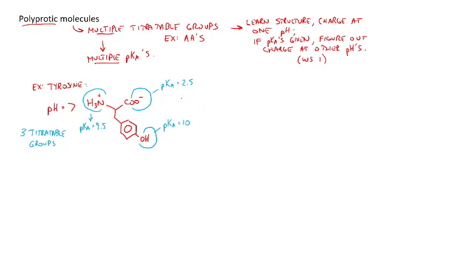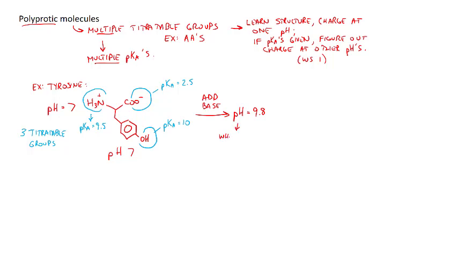So let's say that we start off at pH 7. And we are going to add some base so that we end up with a solution that is at a pH of, let's say, 9.8.